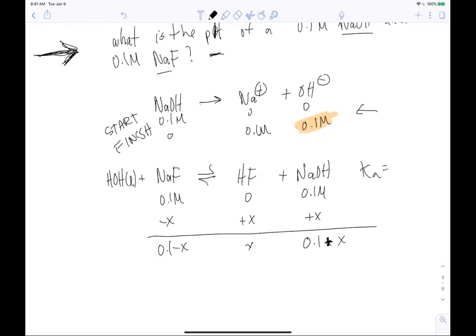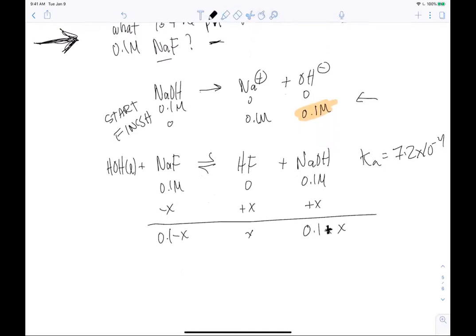We needed a Ka for HF. Let's see, we could write out an expression for Ka. Shoot, we have to use the Kb. Well, I'm not going to solve it anyway, but we can write an expression for Kb. I solved this somewhere up the top.